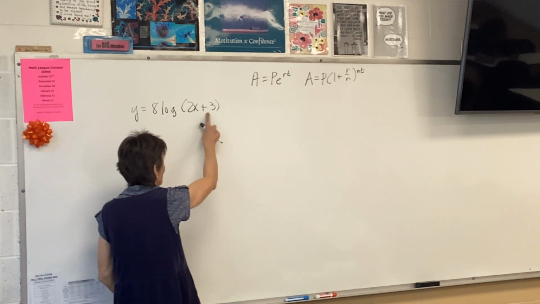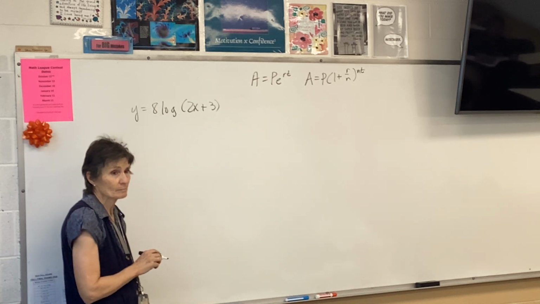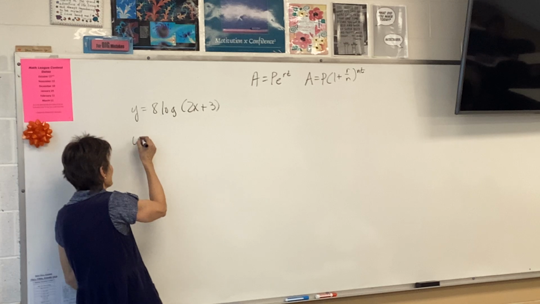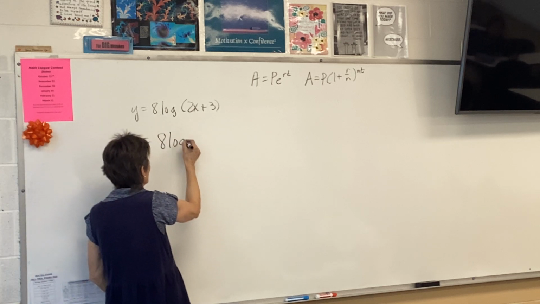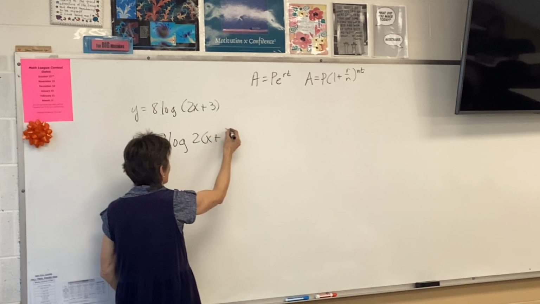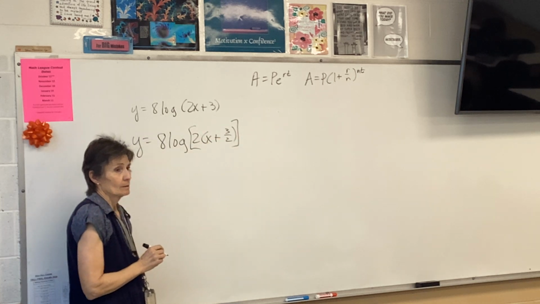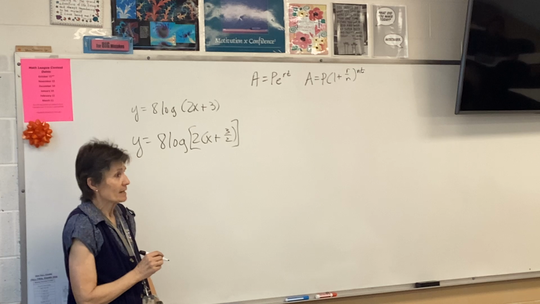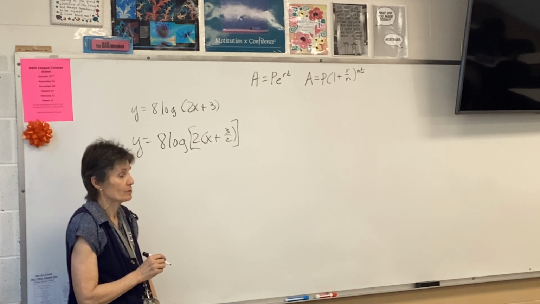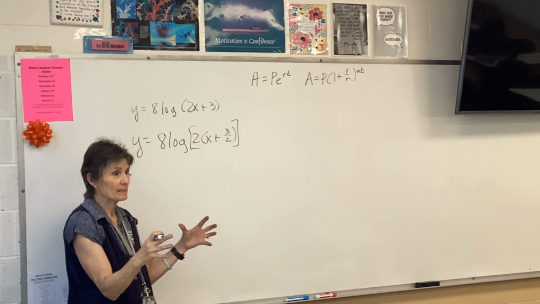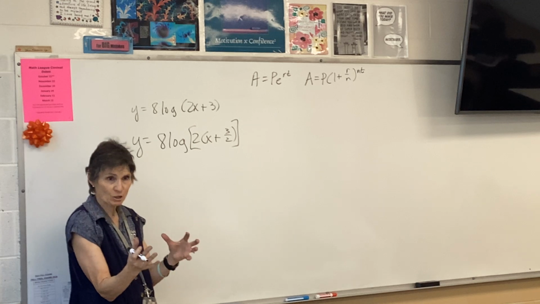When you have a parentheses that looks like that, before you do anything, you're going to want to pull that 2 out. Because pulling that 2 out now makes it very clear what transformations have happened.